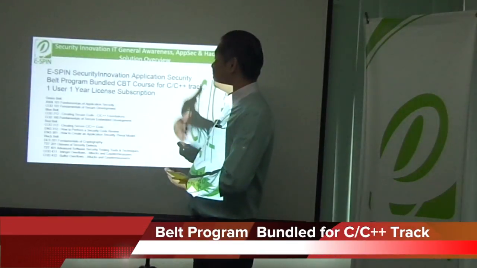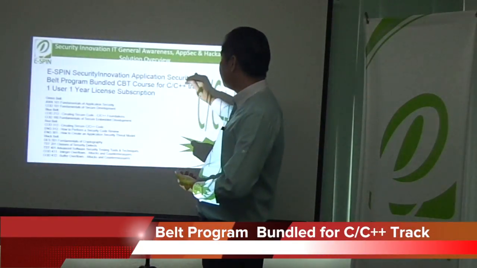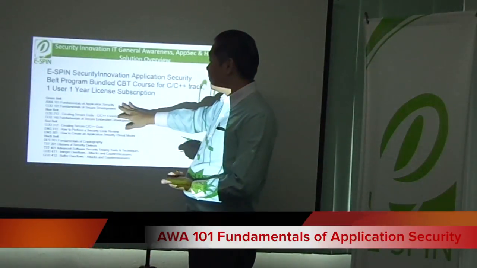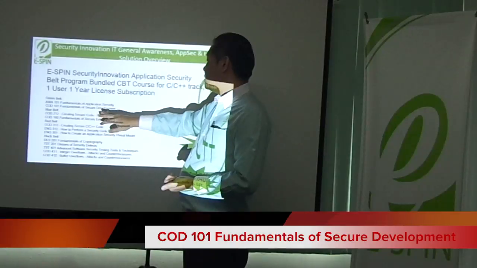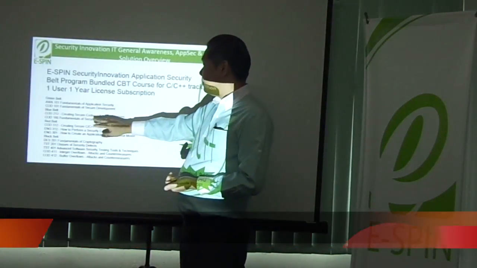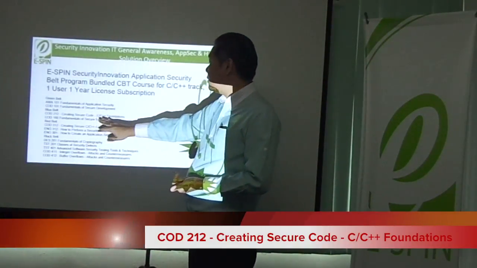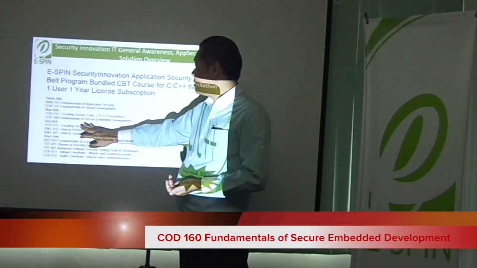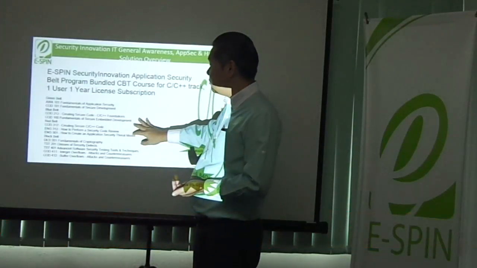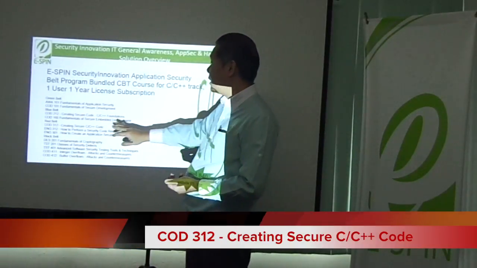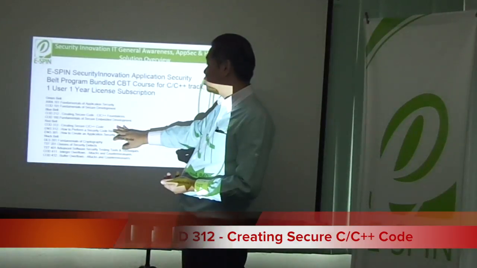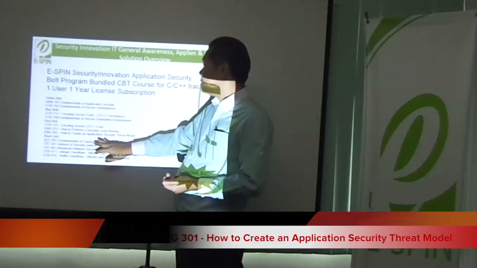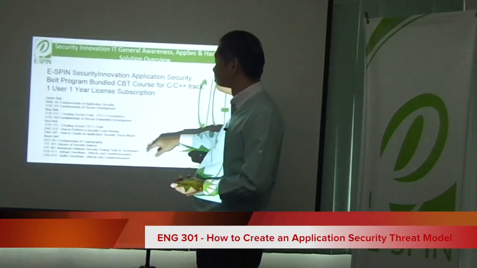We continue with the build program bundle for the C/C++ track, inclusive of, in green build, the foundation of application security, foundation of secure development, creating secure coding, C/C++ foundations, foundation of secure and branded development. Under red build, we have creating secure C/C++ code, how to perform a security code review, how to create an application security threat model.